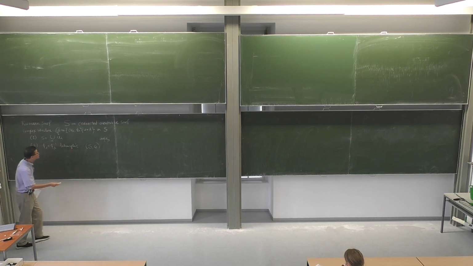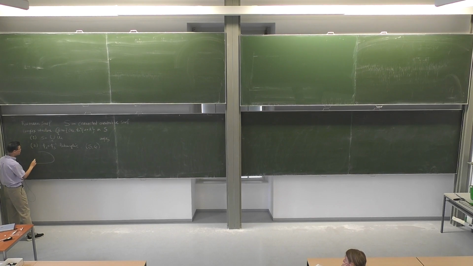In a Riemann surface, we can define the meaning of angles just using a chart. Here you have a chart phi alpha, and then you have another chart phi beta. Suppose you have two smooth curves on your surface intersecting at a point, and you want to define the angle between the two.